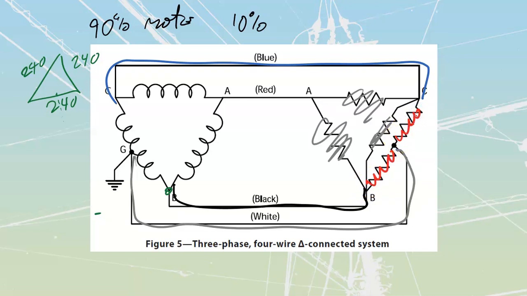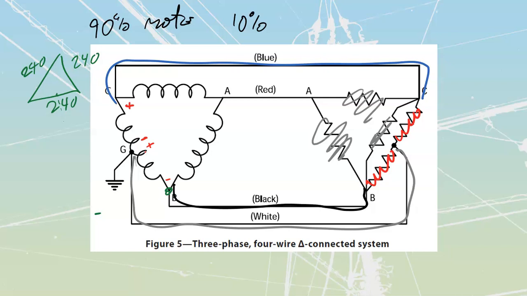Any current that I develop is going to have, instantaneously, a positive here, which would mean the other side of the winding would be negative. And remember, it's AC, so it's flipping around all the time. If I'm in reference to this positive, this point over here is a slight bit more negative. And if I ignore those two, in reference to this negative, this point is also a slight bit more positive. So half to half, it looks like we've got a positive negative point right in the center there.